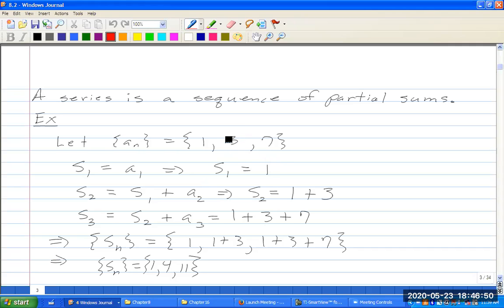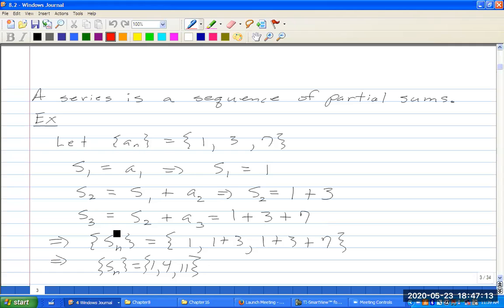And so S1, which is 1, plus A2, which is 3. And the partial sum S3 is just the partial sum S2, which we found was 1 plus 3, plus the last term, A sub 3 in the sequence, 7.